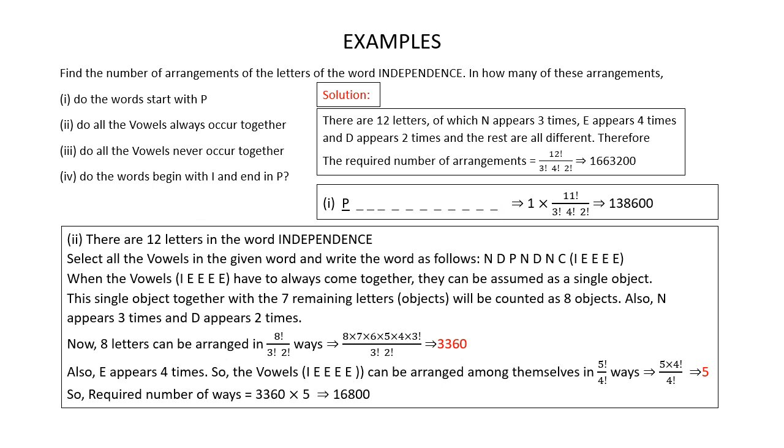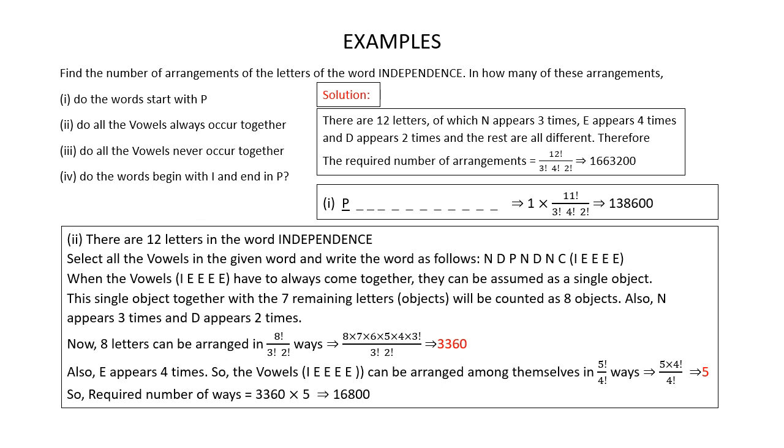Now here you are asked to find in how many of these arrangements do the words start with P. So the required number of arrangements is equal to the number of ways in which P can be arranged in the first position and the number of ways in which the remaining 11 letters can be arranged in the remaining 11 positions. Remember that AND means multiplication.